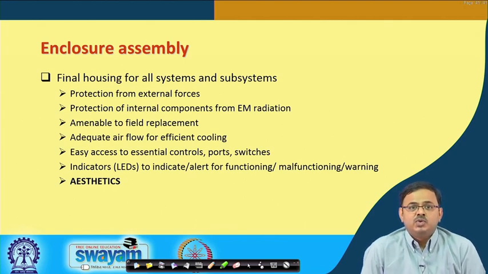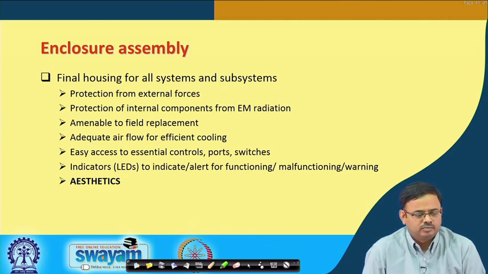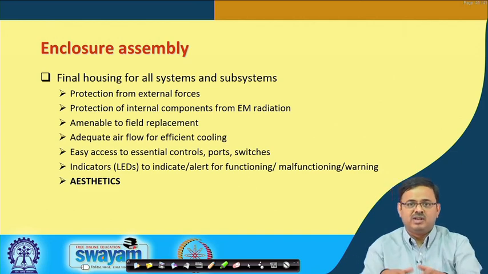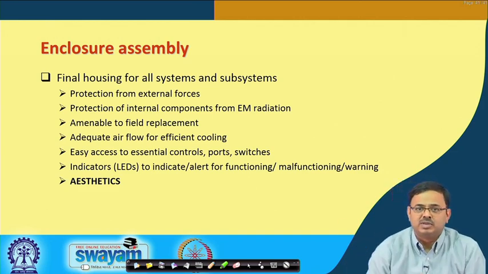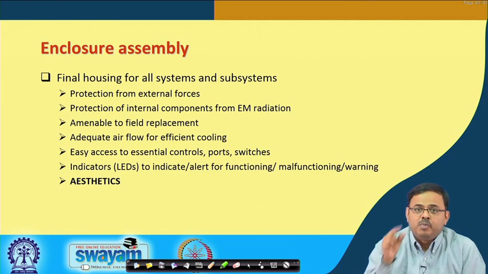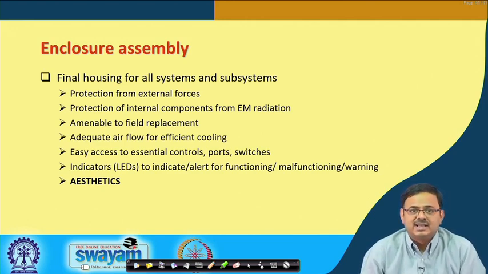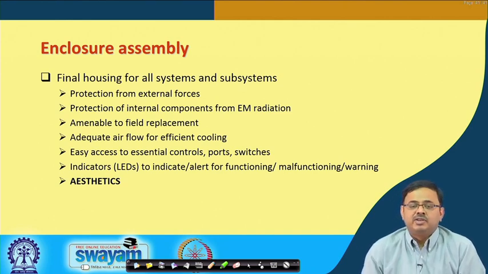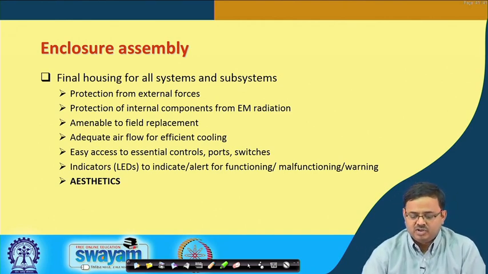Then, easy access to essential controls, ports, switches. For example, if I have to plug in my USB drive, I should not have to open the chassis and attach it to the motherboard. The connection port should be accessible from outside, easily accessible. Similarly for the Ethernet card, we saw this one.